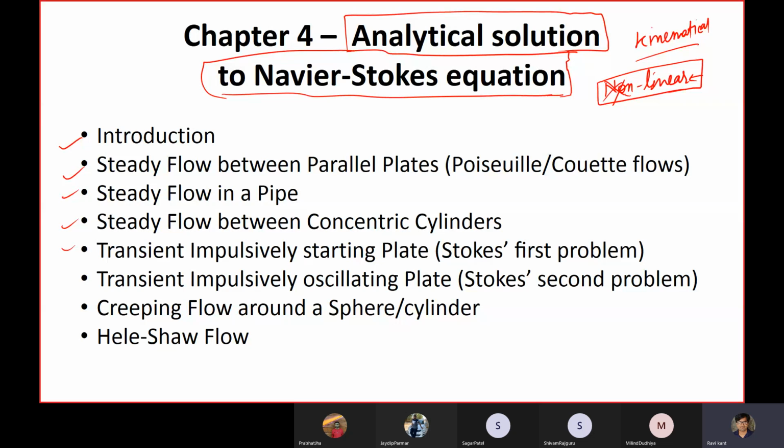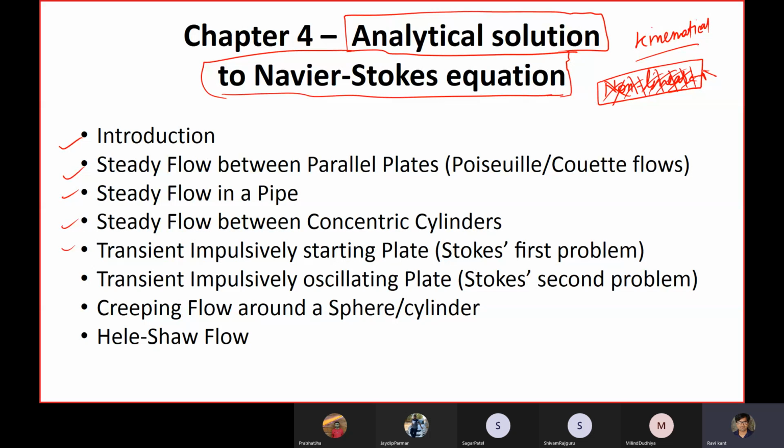Although the full Navier-Stokes equation we still cannot solve to date, and that is why we take help from computer programming and computational methods. That is why there is another subject called computational fluid dynamics, where we solve the full Navier-Stokes equation.